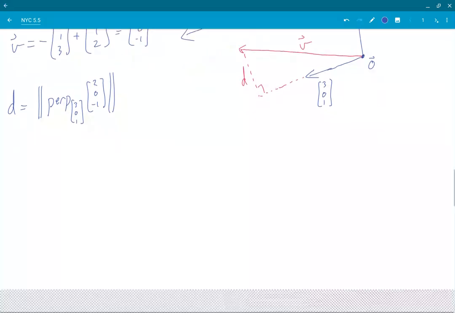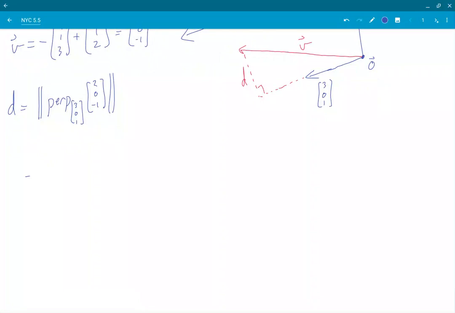So what do we get? Using the formula for perp, which I memorize, V minus the projection of 2, 0, negative 1 onto 3, 0, 1.